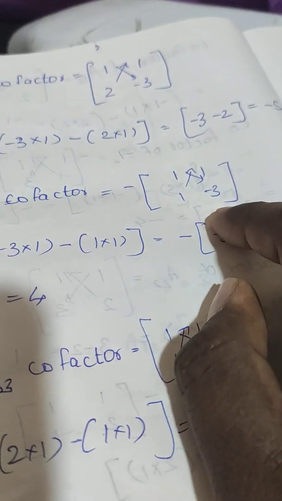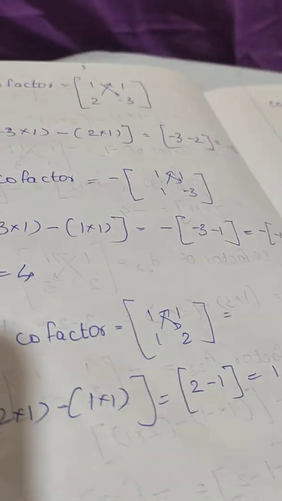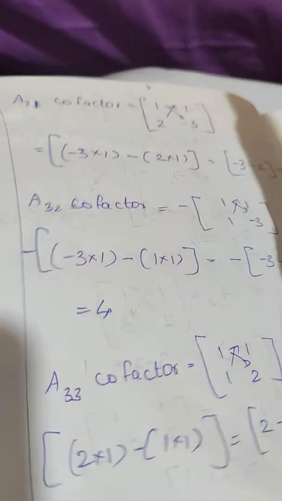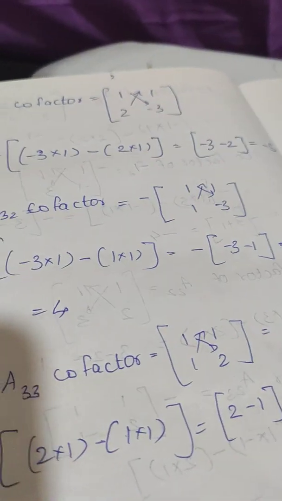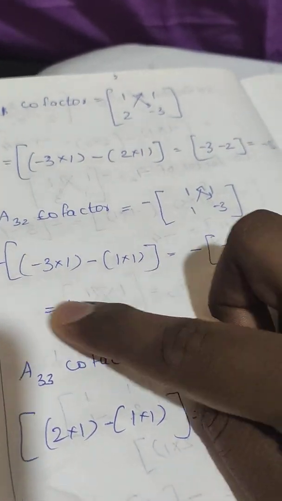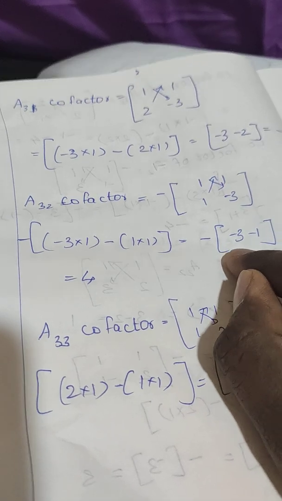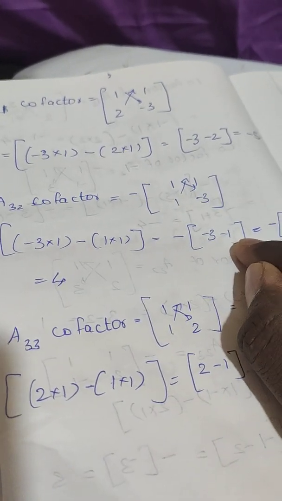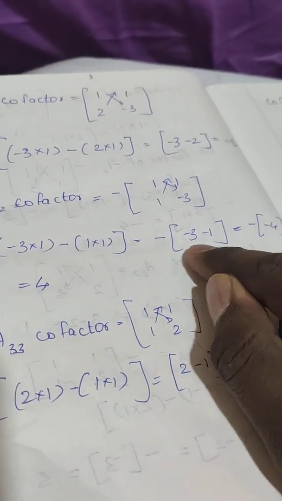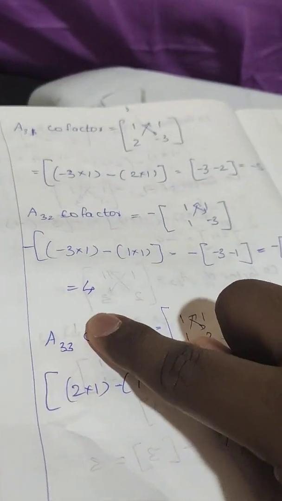So previously we had a plus, now it's going to be minus. So here 1 into minus 3 is minus 3, minus 1 into 1 is 1. So minus 3 minus 1 is minus 4. Minus value of minus 4 will be plus 4.